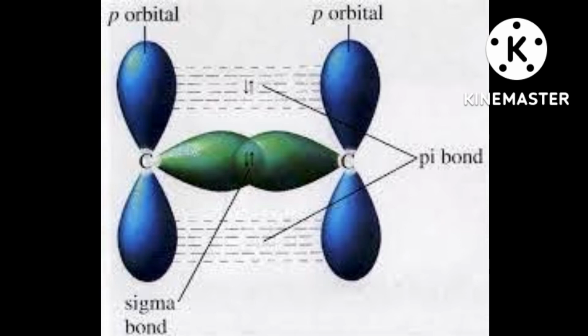Theoretically, in a normal condition, it should have been 90 degrees, but it is 107 degrees and 104.5 degrees. That means the normal arrangement will not work here. We have to understand the overlapping of atomic orbitals.